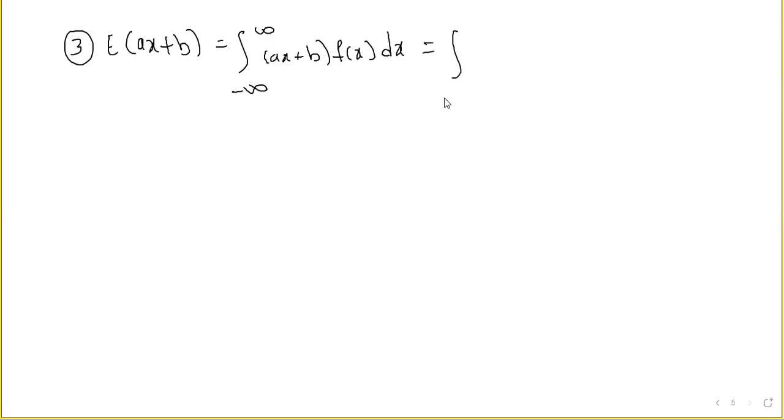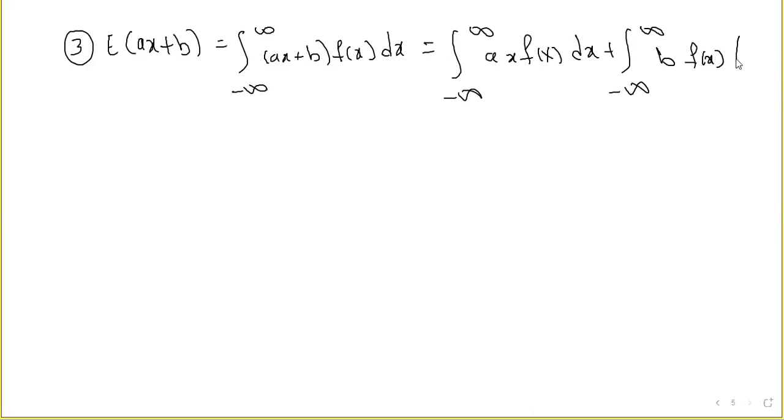So this is nothing but integration minus infinity to infinity, I will multiply this f of x inside. So I will break it: a into x into f of x dx plus integration minus infinity to infinity b into f of x dx.